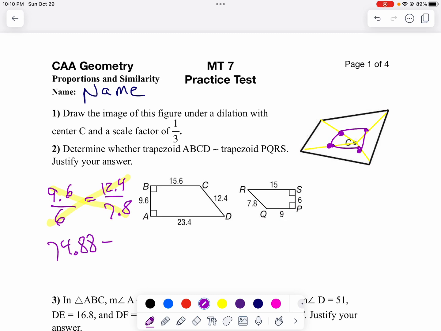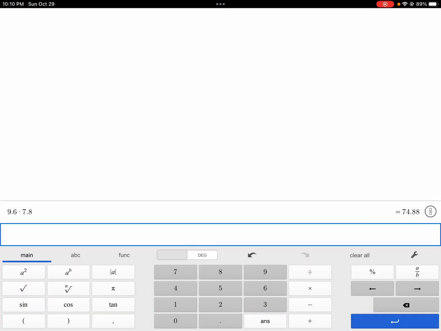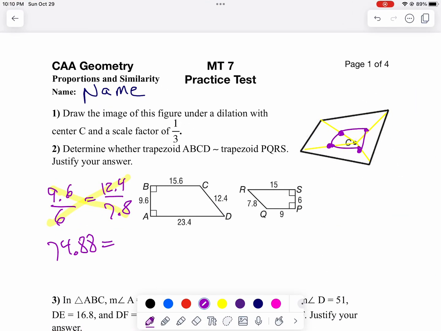Does that equal 12.4 times 6? I can see they're close, but they're not quite the same, are they? So my answer is no, they're not. The sides aren't in proportion.